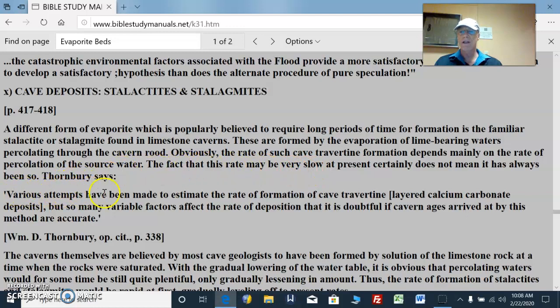Thornbury says, various attempts have been made to estimate the rate of formation of cave travertine, which is a layered calcium carbonate deposit. But so many variable factors affect the rate of deposition that it is doubtful if cavern ages arrived at by this method are very accurate.